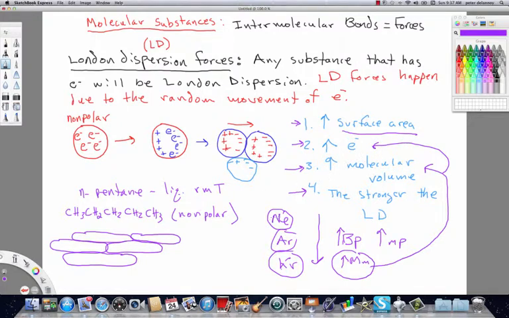So as we move down from neon to krypton, the London dispersion forces increase, and the main contribution is that we increase the molar volume of the atoms and the number of electrons. And so as we go down this group, the polarizability is increasing.